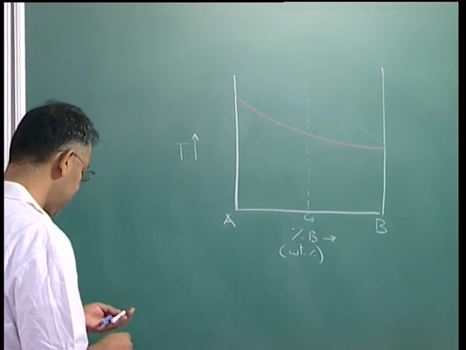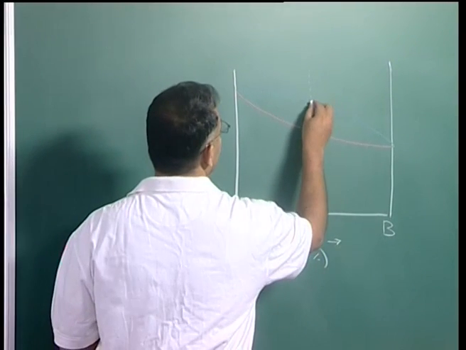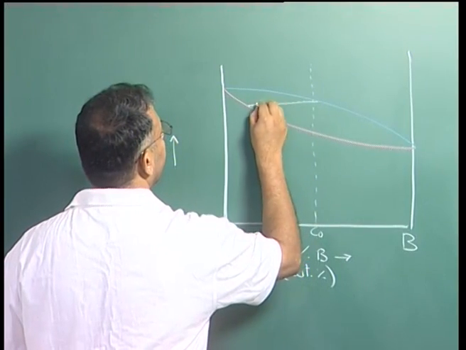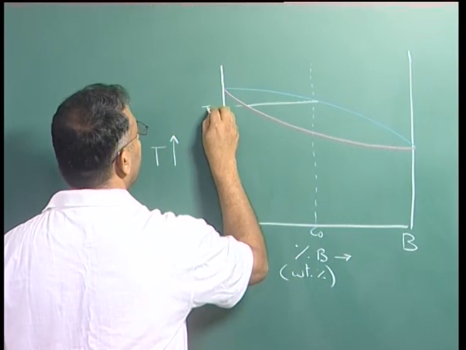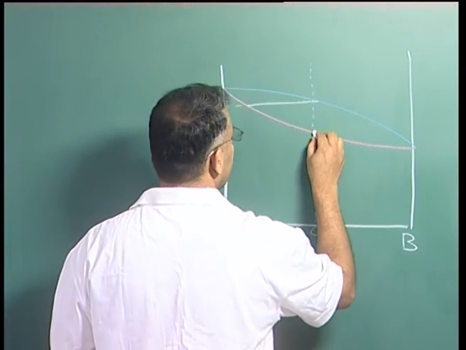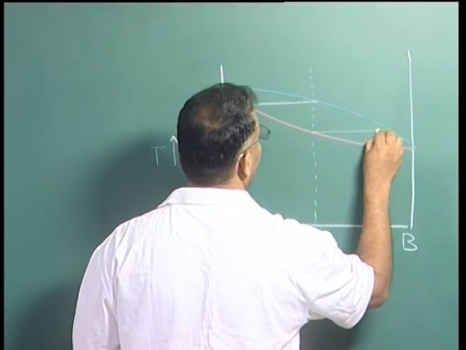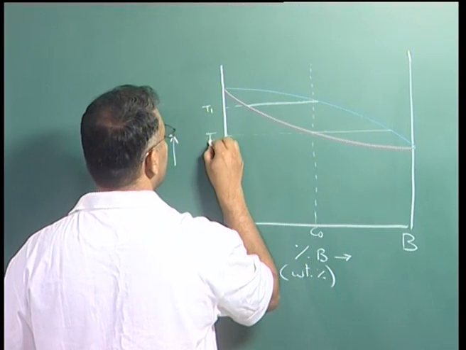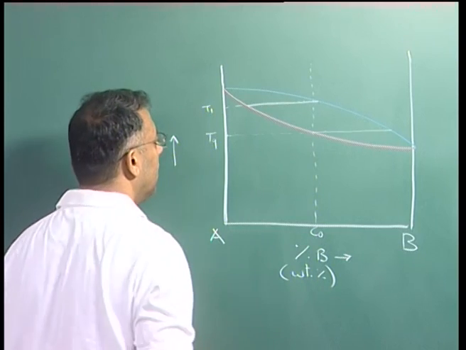Now, as I cool from this temperature, the first solid appears, and I can make my tie line here at a temperature T1, and I assume that the last solid which comes out, I draw a tie line here, is at say some T9.